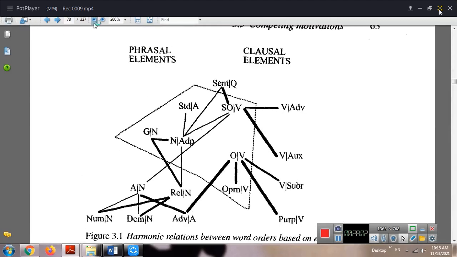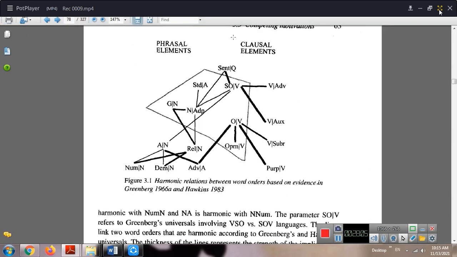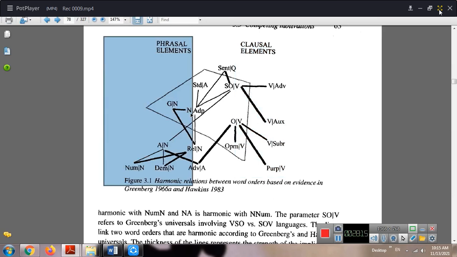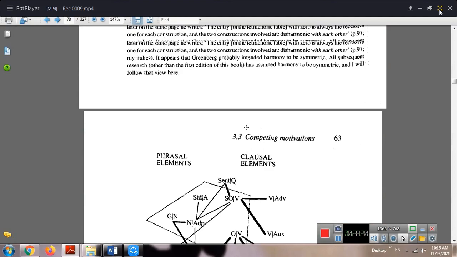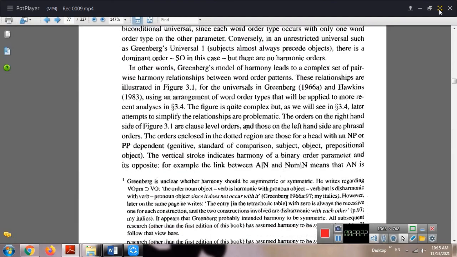Dear students, those elements on the right-hand side are clausal elements, and those on this side are phrasal elements. Okay, then the orders enclosed in the dotted region are those for a head with an NP or PP dependent.